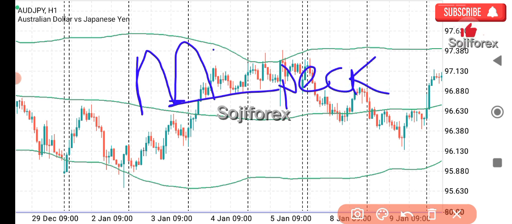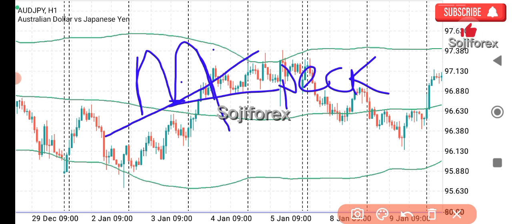So we will always want price to break the neckline. In this scenario, it is assumed that price has been going in an uptrend, because the M is a reversal pattern for an uptrend, which means changing from a buy to a sell.